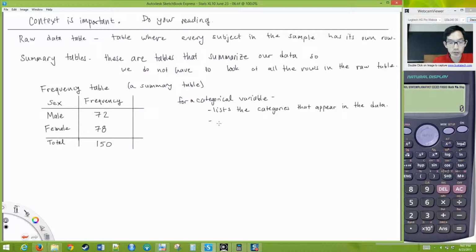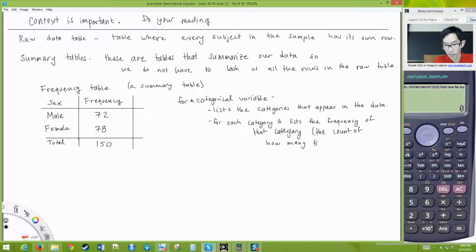And then for each category, it lists the frequency of that category. Or in other words, the count of how many times it appears. Okay. So there we have that.